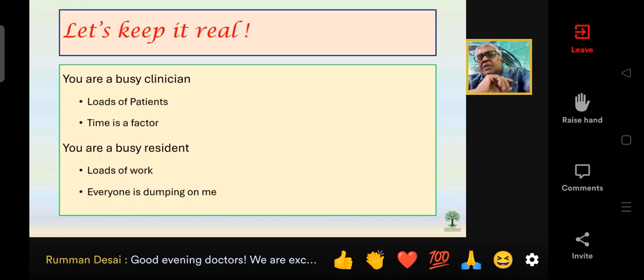Now we have all these terms, but let's keep it real for this discussion. As I said in the previous sessions, the learning is going to be more of applying rather than theoretical concepts. So let's keep it real. You are busy clinicians. You have loads of patients. Time is a factor. You don't want to spend too much time trying to break all of this down while you feel that you could possibly use that time to take care of a patient.